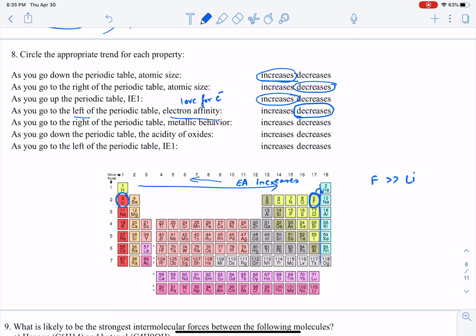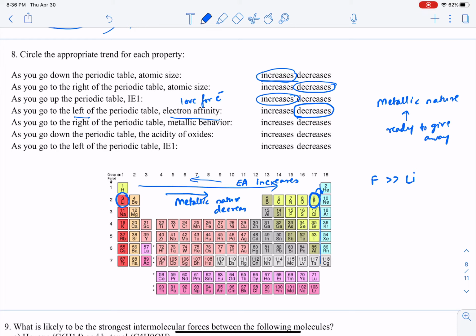Now next question, as you go to the right of the periodic table, metallic behavior. So we know metallic nature means it's ready to give away electrons. Okay, it gives away electrons, so it's kind of opposite to the electron affinity thing. So the trend would be nearly opposite. So as you go to the right, the metallic nature decreases.